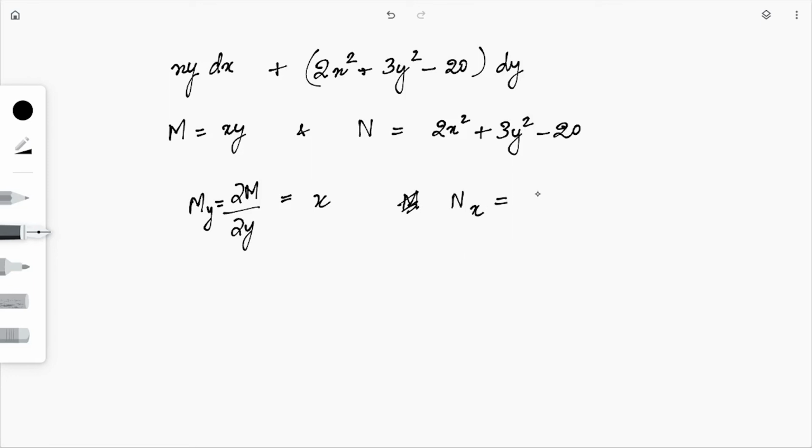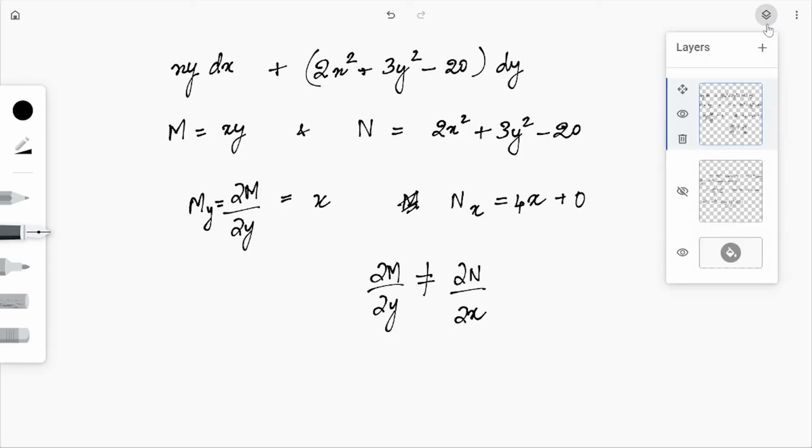Nx will be nothing but, we have to differentiate this, so this will be 4x, plus all these things will be constant. So we get My is equal to x and Nx is equal to 4x. So clearly ∂M/∂y is not equal to ∂N/∂x. Hence the differential equation is not exact.